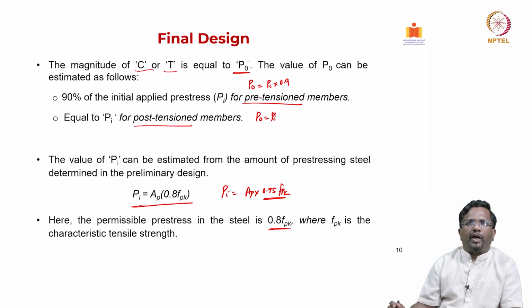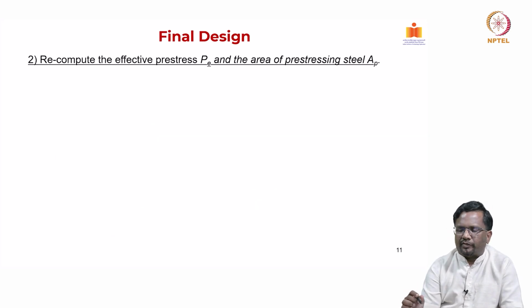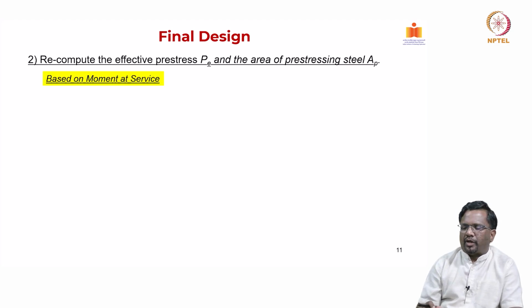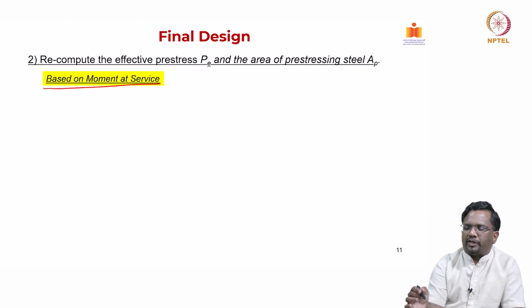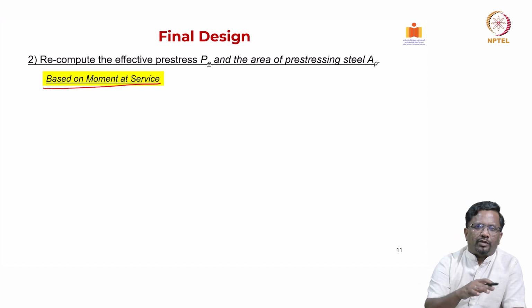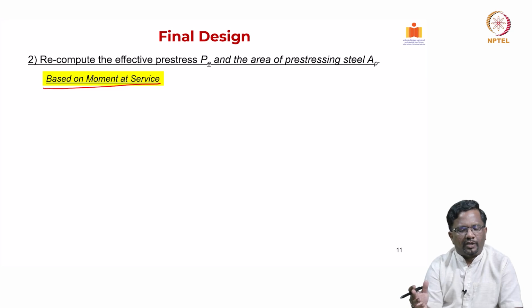Now, we go back and recompute the effective pre-stress and the area of pre-stressing. This is the final design. How do we do that? We go to the service condition based on the moment and demand at service conditions. From the transfer condition, we use those updated values and check what is happening.